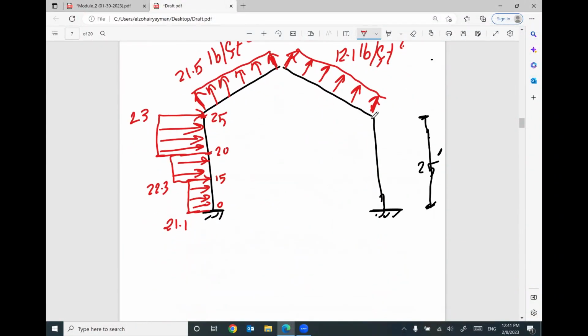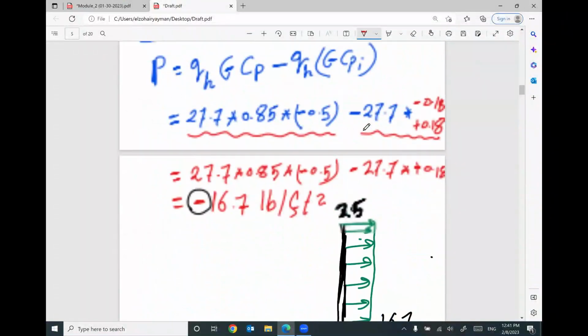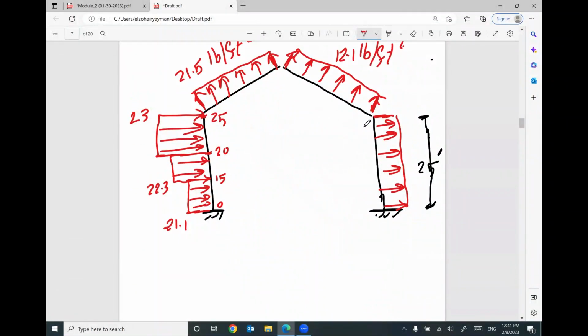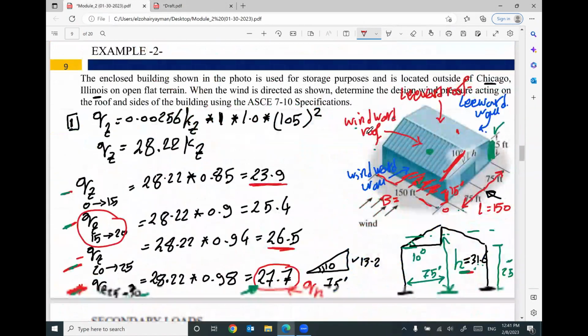For the leeward wall, we have this suction, constant value. How much? If you remember, 16.7 pounds per square feet. This is called the pressure of the wind on your house or this building, which is given here in this example.